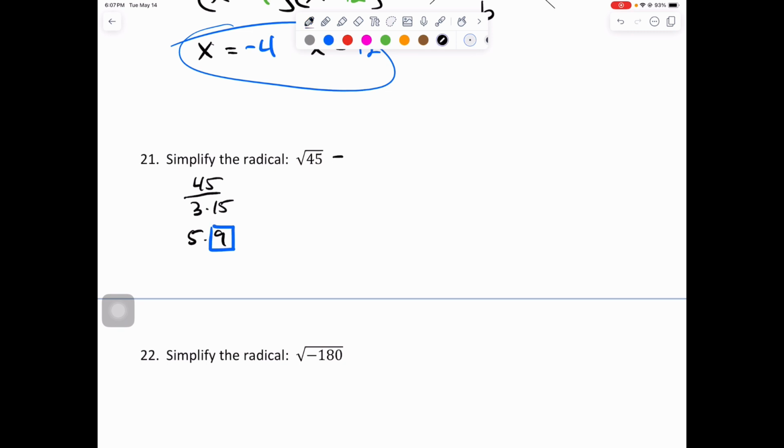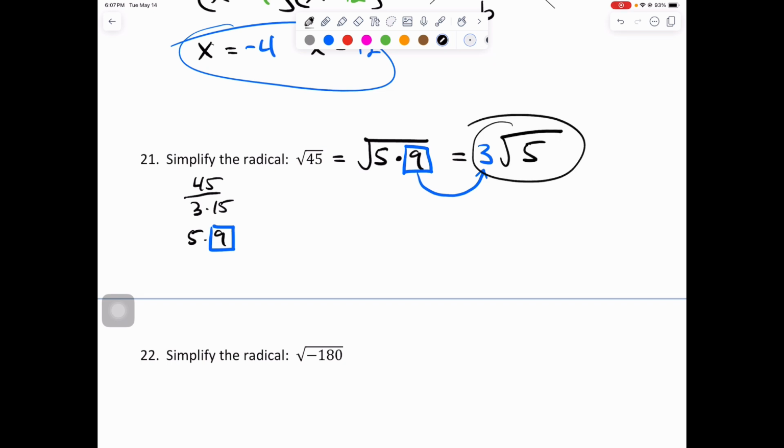All right, so we know that the square root of 45 is equal to the square root of 5 times 9, with 9 being a perfect square. So that makes this equal to, let's go ahead and take the square root of 9, which is 3. Open up your radical, keep the 5 on the inside, and circle your answer.